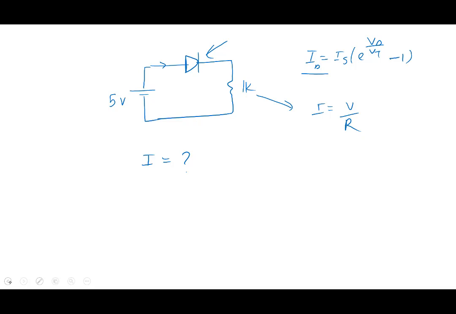Let's take IS equal to 10 to the power minus 15 amperes here. VT is 26 millivolts. So you have all the information available to you. I want to know what is the current flowing in this circuit. I've given you the model. Okay. Let's stop here. Try to do this particular problem. We'll continue from here. Okay.